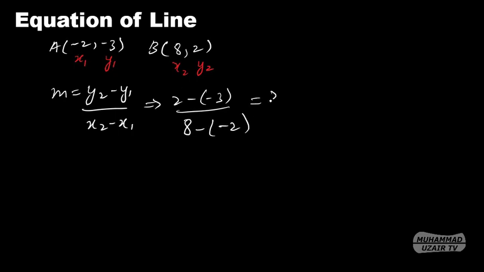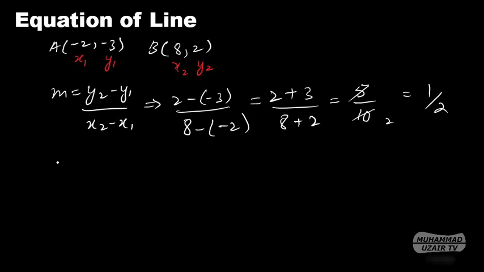So we will get 2 plus 3 divided by 8 plus 2. So we will get 5 divided by 10. 5 1s are 5, 5 2s are 10. We will get 1 divided by 2. So we have slope 1 over 2.